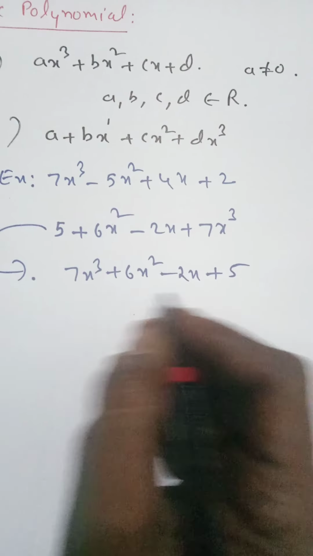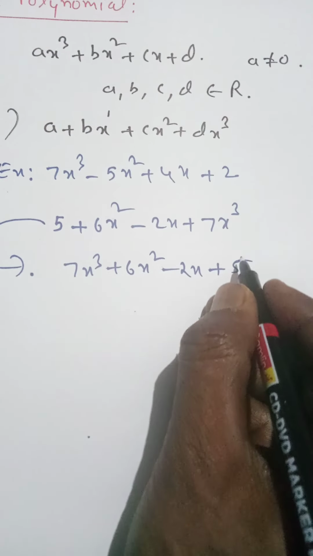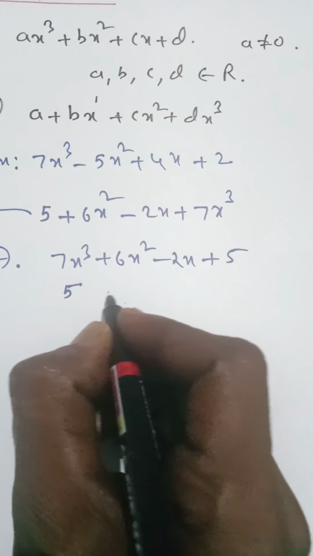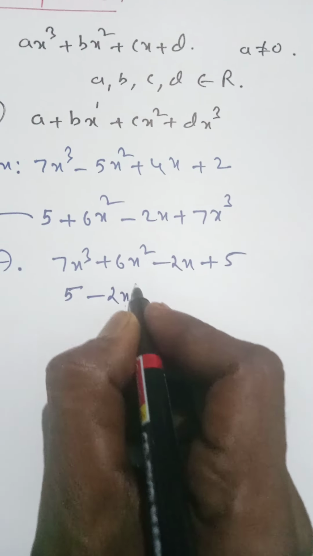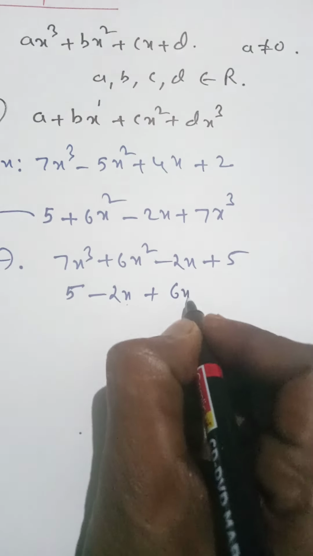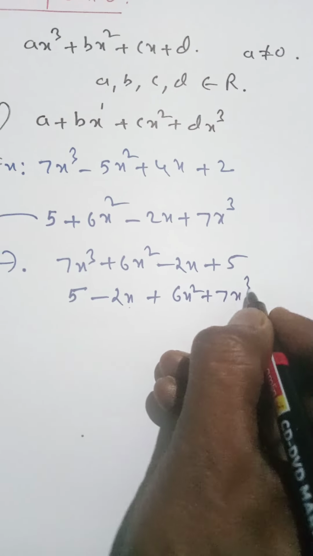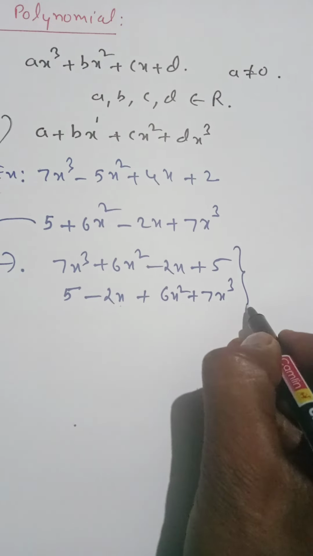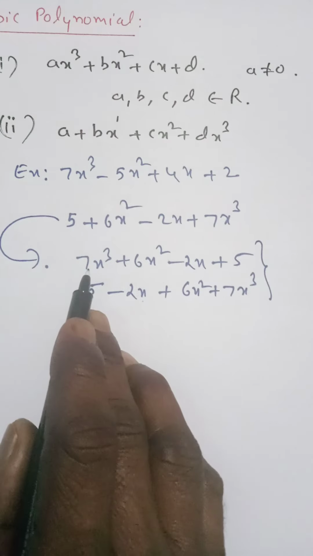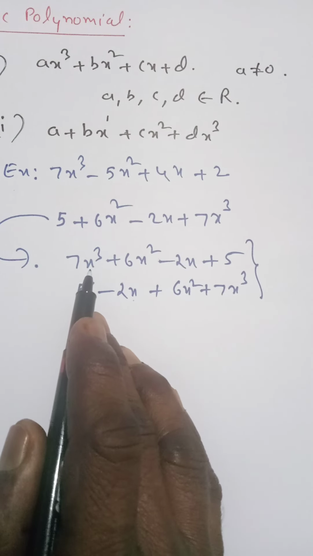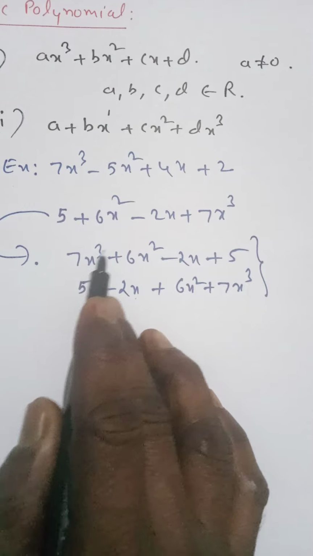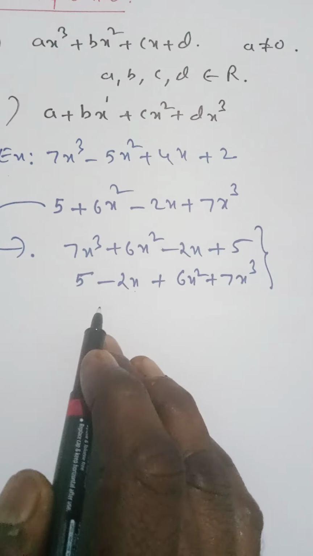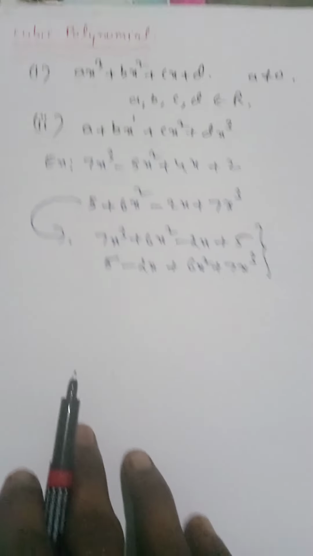I can rewrite this expression in another way also, starting with the constant term whose degree is 0, and next minus 2x whose degree is 1. The next term we write, and last the highest degree term. Both are cubic polynomials only. The first one is a cubic polynomial with terms in decreasing order, and this one is a cubic polynomial with terms in increasing order.